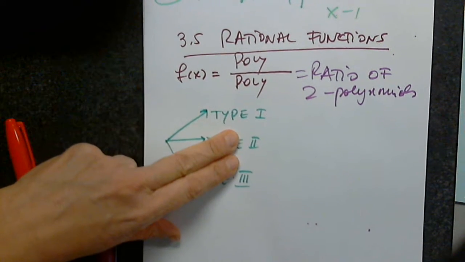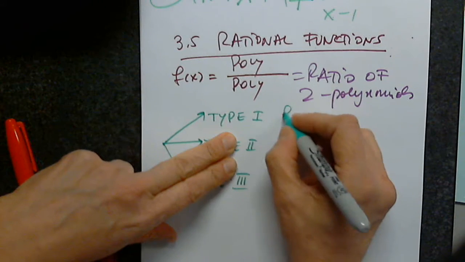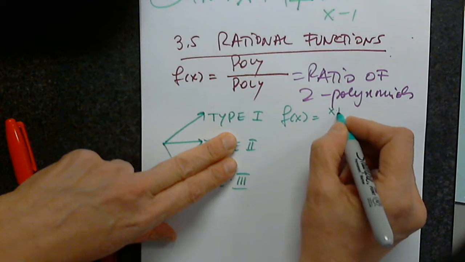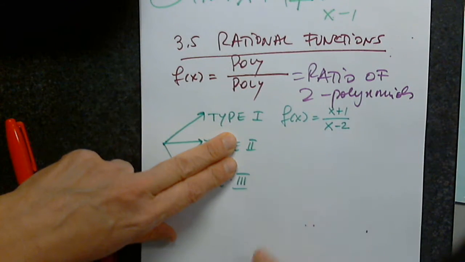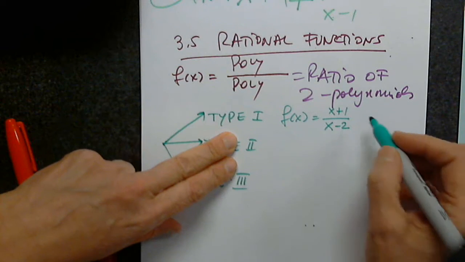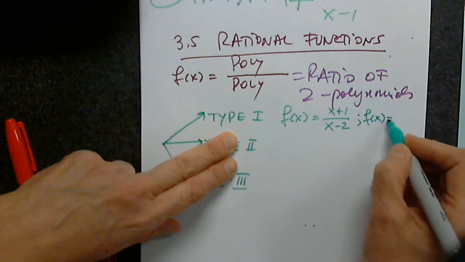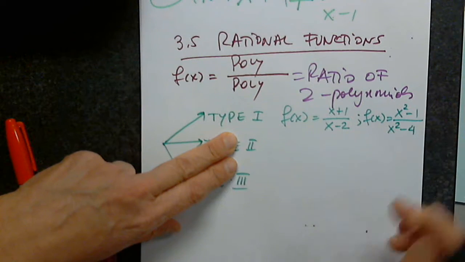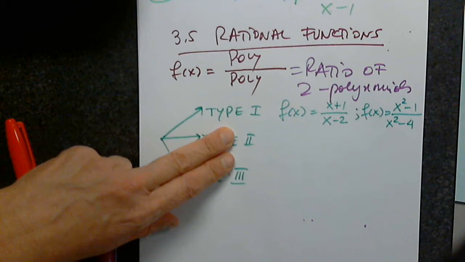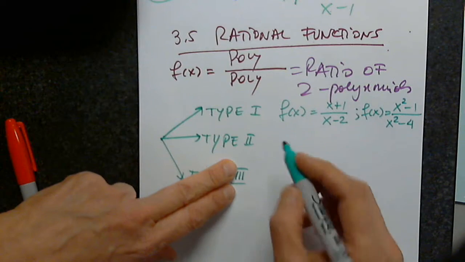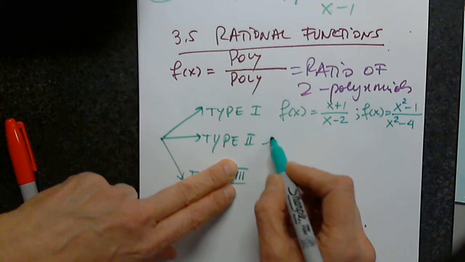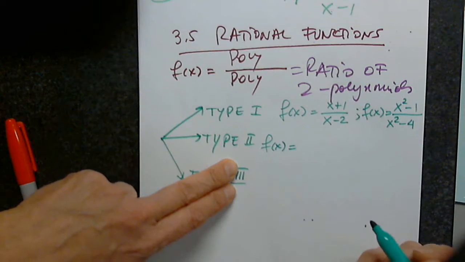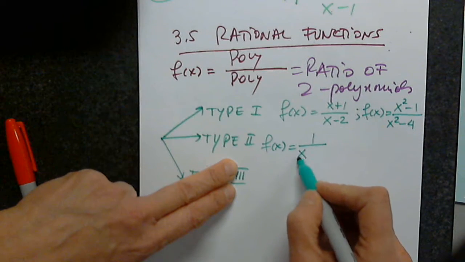I'm going to give you a couple of examples of type 1. f of x equals x plus 1 over x minus 2. Another function, f of x equals x squared minus 1 over x squared minus 4. Then type 2. I'm coming back to them, and we'll talk about them in a minute. f of x equals 1 over x minus 1.